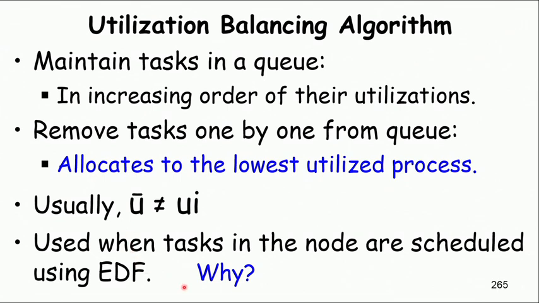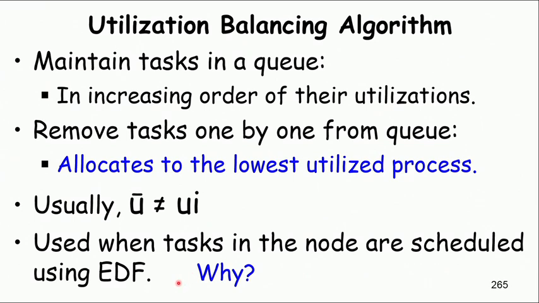Can you think of any reason why EDF is used, not the rate monotonic scheduler? The answer is that in EDF the utilization of the processor can be up to 1, whereas in rate monotonic we have seen the utilization depends on how many tasks are assigned to the processor, and so on, that we have not considered in our utilization balancing algorithm.